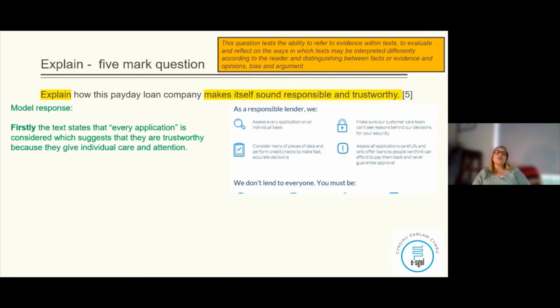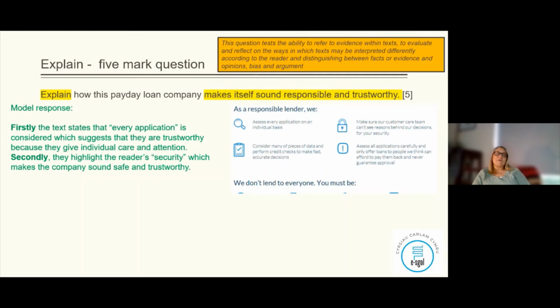And I would always use the question in the answer, so which suggests that they are trustworthy or suggests that they are responsible because, and that's my explain part. I'm giving a reason there. I'm saying because.